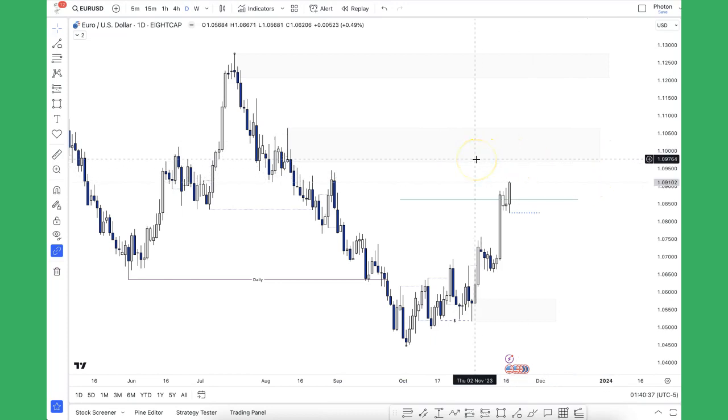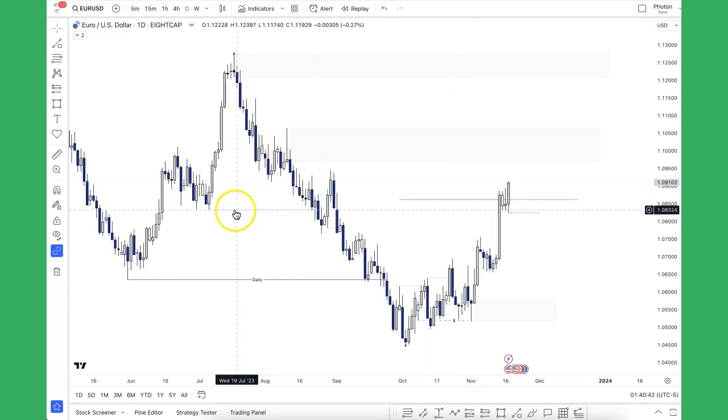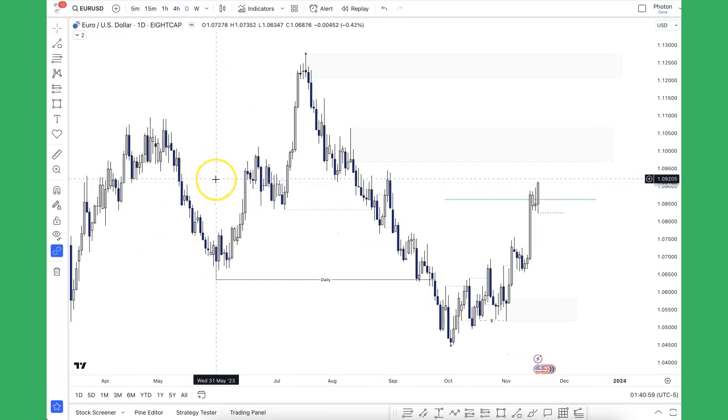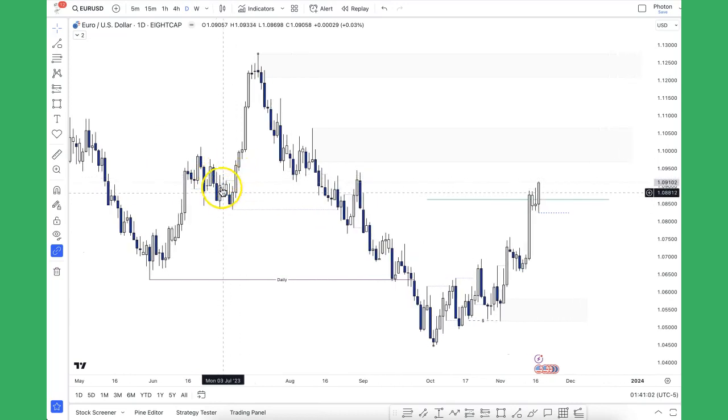And again, let's just go through what we really look at. Has it led to a break of structure? Yes, this is the change of character chalk, so it led to the daily chalk over here. And did it flip something? Well, if you consider this entire range over here as some kind of a demand zone, price comes into it, there is a reaction, and then it sweeps it.